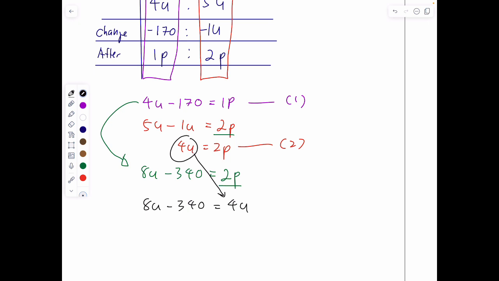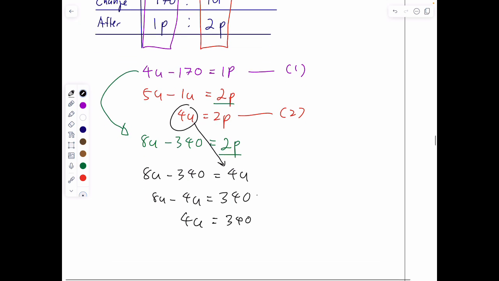So now I would bring my 4u over to this side and my 340 over to this side. So when I bring over, it becomes negative 4u and positive 340. 4u equals to 340. u equals to 340 divided by 4, and my answer would be 85.